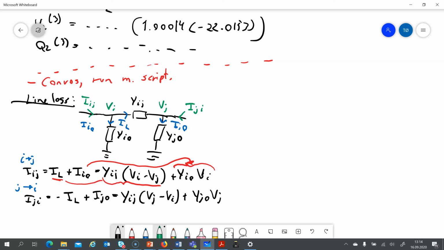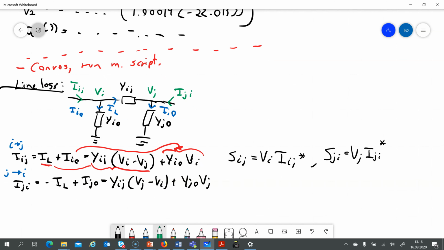Then from this, we can actually calculate the complex power S. Sij equals Vi times Iij complex conjugated, and opposite, Sji equals Vj times current Iji complex conjugated. So you can calculate at each side of this line like this.